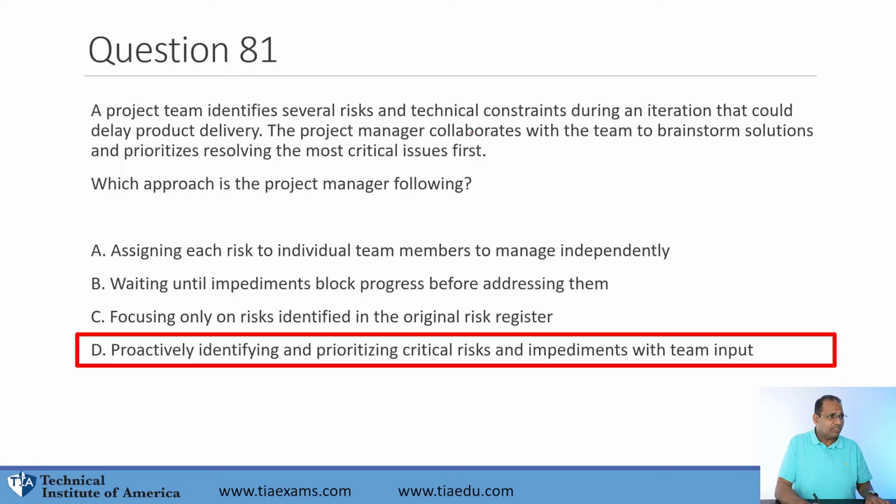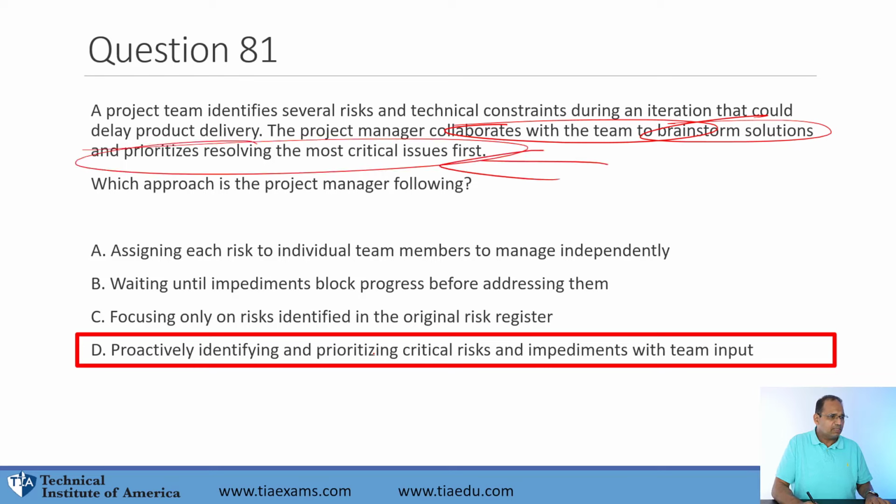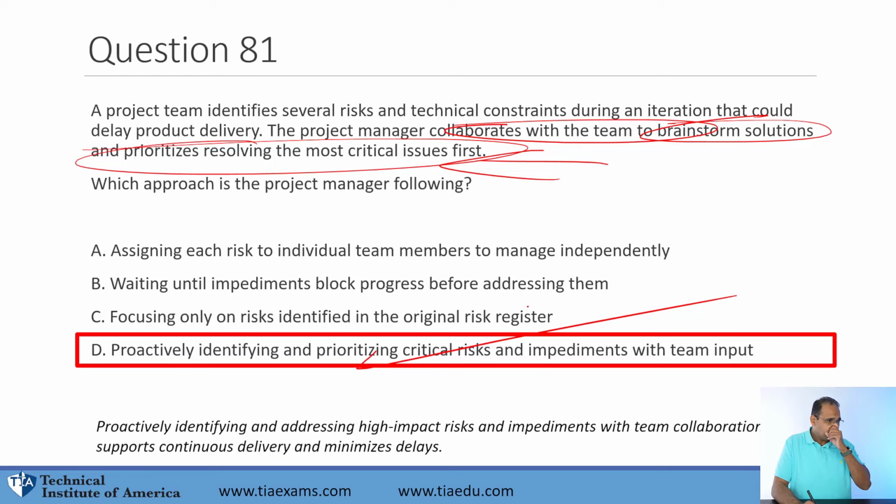You're working with the team, you're brainstorming solutions, you're resolving things before they start to hit the project. That is what you are doing. This is a proactive approach. You're not just assigning it or waiting for it to happen, or just working on what's in the risk register. You're working with the team to identify and manage risk, making D best answer.